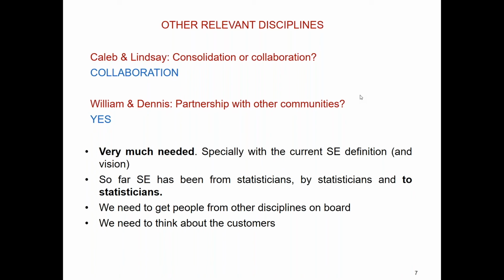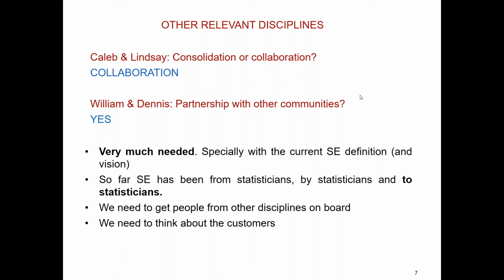We are basically something that has been developed by statisticians, from statisticians, and what is more, for statisticians. And at the end of his talk, Dennis said, should we train statisticians or people from other areas?